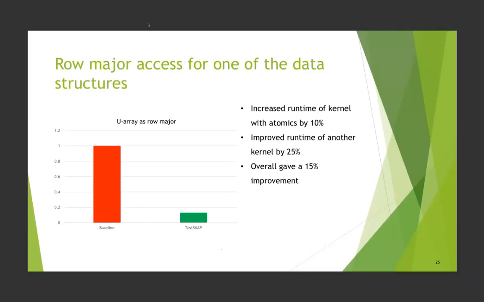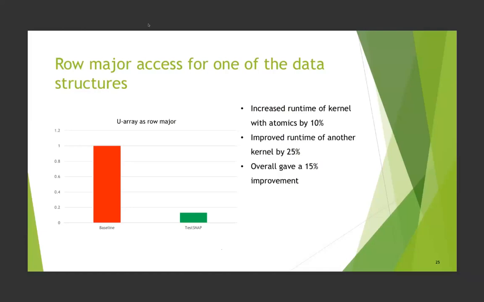As I showed two slides earlier, we changed the access pattern from row major to column major for all the data structures. The issue was with one of the major data structures, the U array, which Aidan also talked about initially when he was explaining the algorithm.